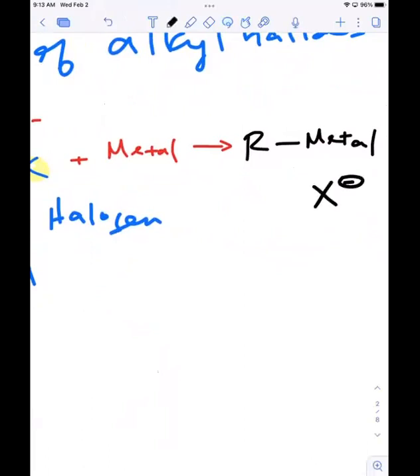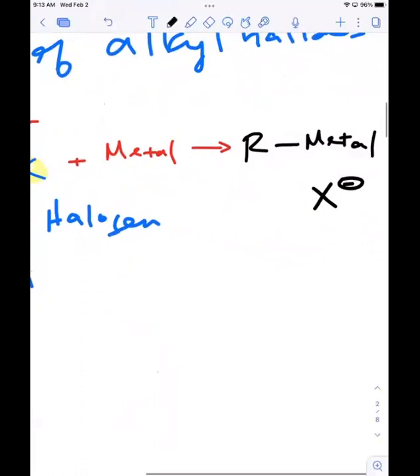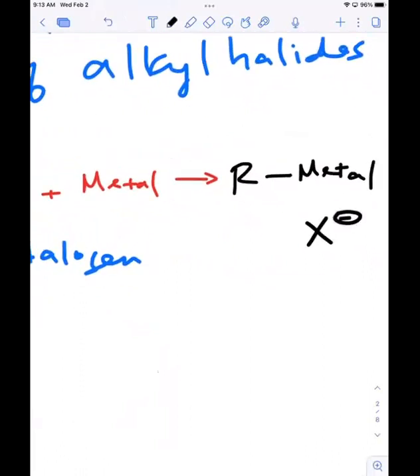And depending on what type of organometallic you're making, that's going to determine what the halogen does. It either stays associated with the metal or it ends up with another metallic species. We're going to talk about that.